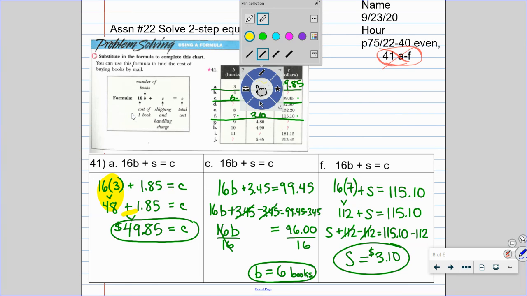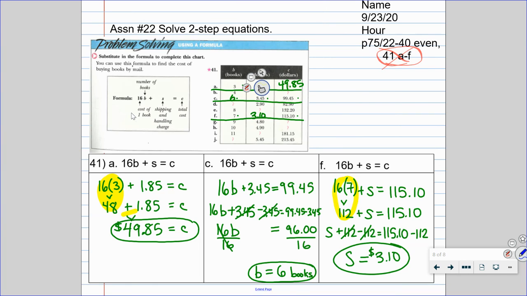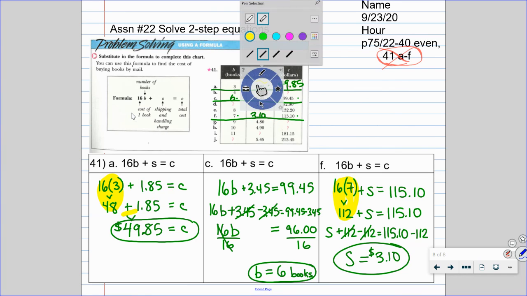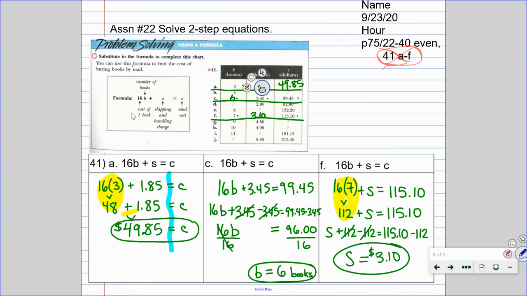Part C had no simplifying, but part F did have some simplifying, right? I would say the totally different one is part A because everything is on one side. So in order to find C, all we really have to do is compute, do the add, subtract, multiply, and divide. Whereas for parts C and F, we had to use inverse operations.